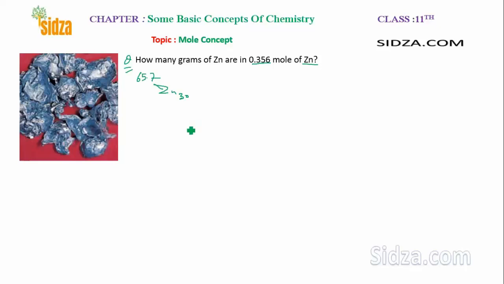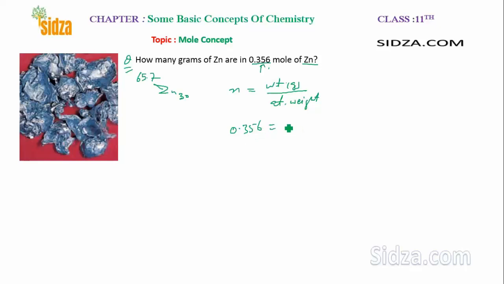Now we need to find the weight of the substance for 0.35 moles of zinc. We know n, the number of moles, is equal to the weight of the substance in grams divided by the atomic weight of the element.